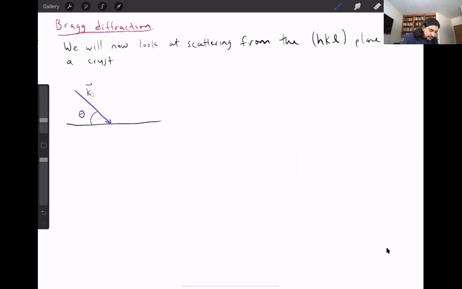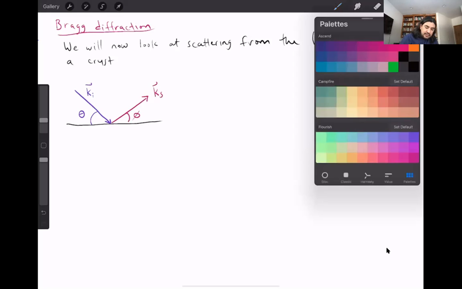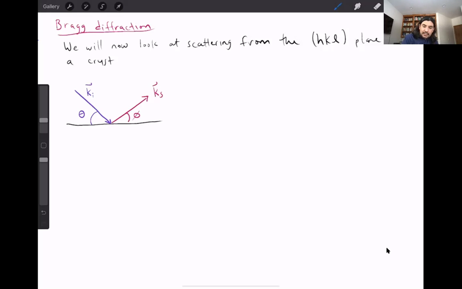by the crystal plane. This is my scattered wave in that direction. And it also has an arbitrary angle. In this case, let's call it phi. What I also know is that this plane has a direction that is normal to it. So let me write this as the normal direction.